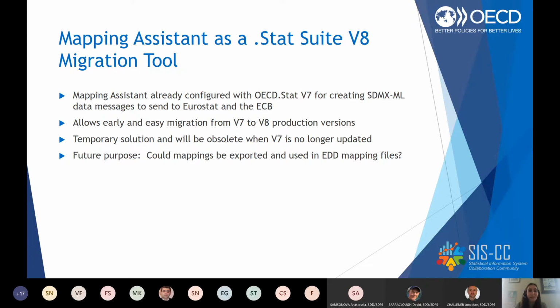So when version 7 is no longer updated, we're going to have to find another solution. So we're looking at, for the future, what we can do with these mappings that we've created in Mapping Assistant. Can we possibly export them and use them in EDD mapping files, etc.?